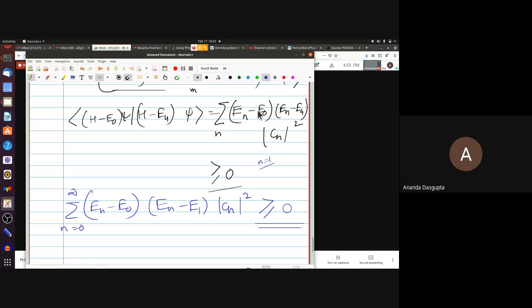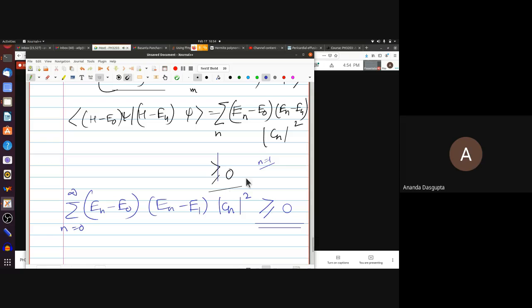But E1 minus E4 is negative, right? So n equal to 1 will give you a negative contribution, n equal to 2 will give you a negative contribution, n equal to 3 will give you a negative contribution. All other terms will either give you 0, n equals 0 and n equals 4 will give you 0, or positive. But if you have 3 negative terms and a lot of positive terms, that cannot guarantee you that you're going to end up with a positive result. You may end up with a negative result, right? So this inequality will not work.